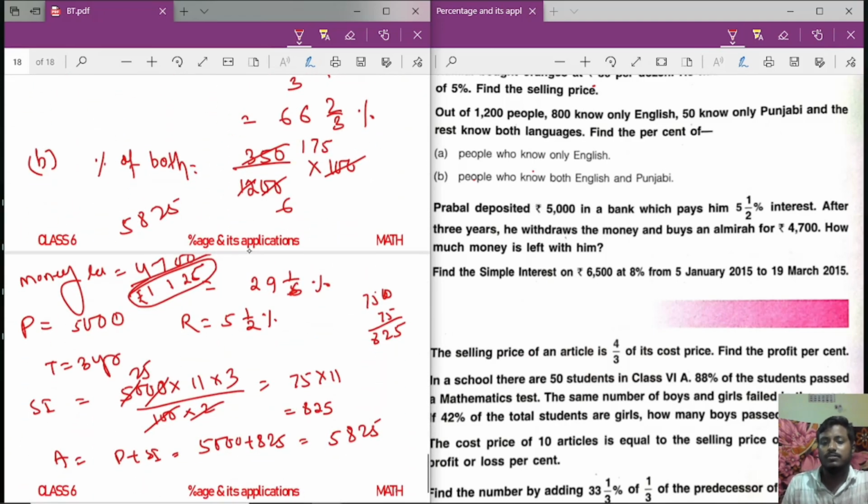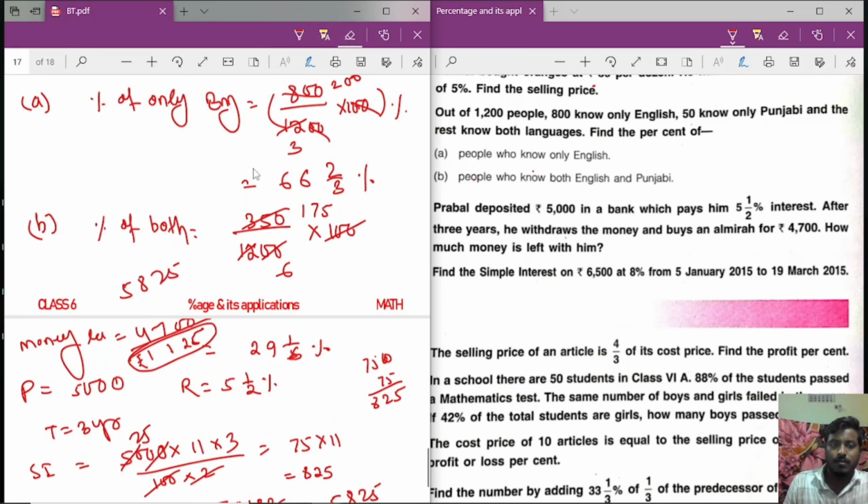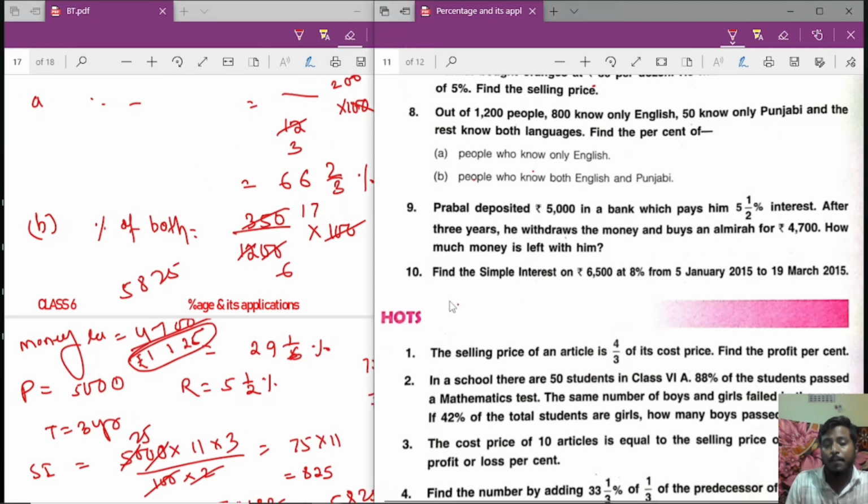Next question, the last question, and the hot question we solve in the next session. Okay, the last question is to find the simple interest.